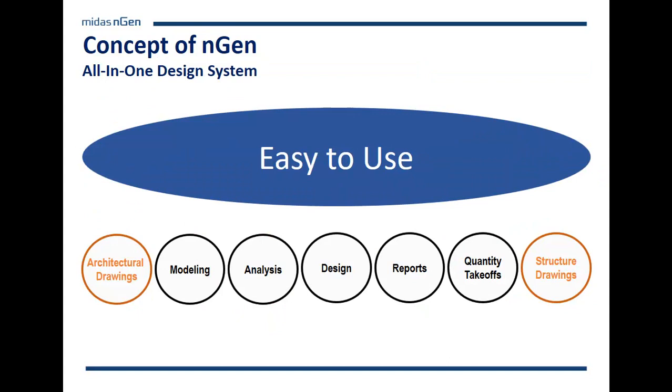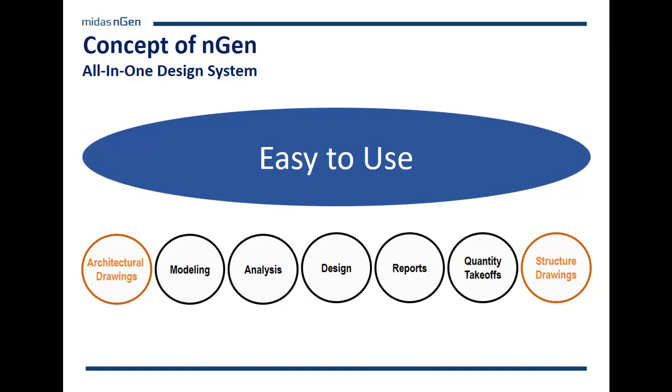The basic idea of the MIDAS planning team while developing this software was to provide an easy to use software and an integrated platform for engineers, for regular as well as irregular structures. And the software supports the entire work of a structural engineer.